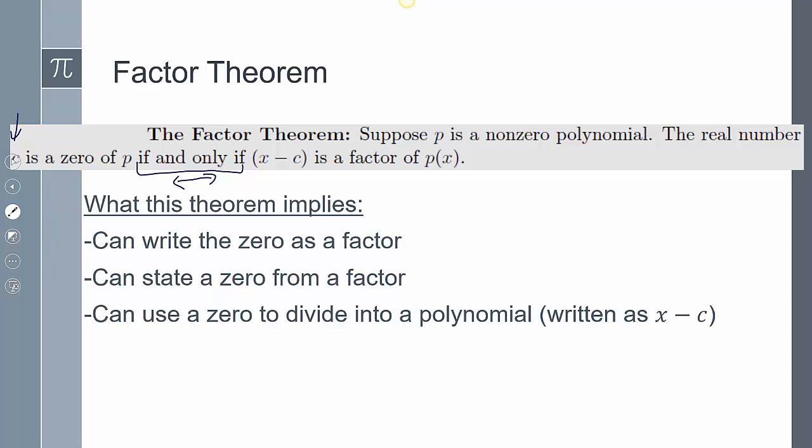And then the other thing is because we know this idea that c is a 0 of P if and only if x minus c is a factor, that means that I can use the 0 to divide into a polynomial written in that form of x minus c. So I can divide a polynomial with those zeros. So it's a very important theorem because this theorem allows us to break down a polynomial into a series of factors.